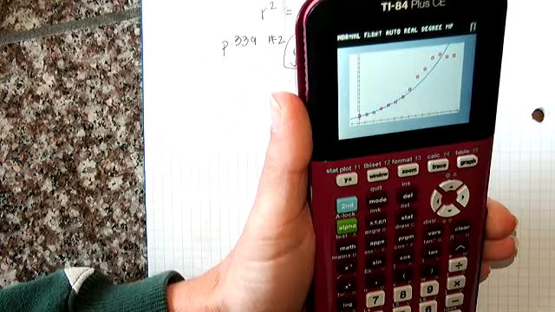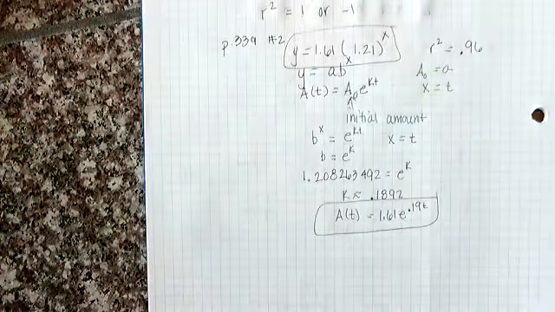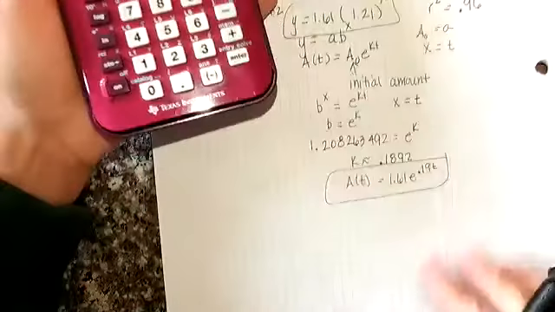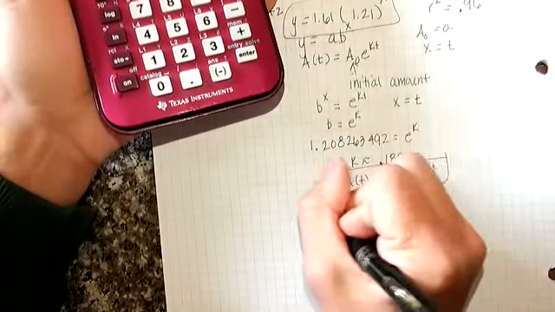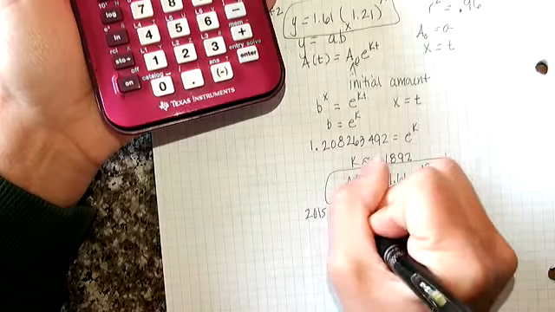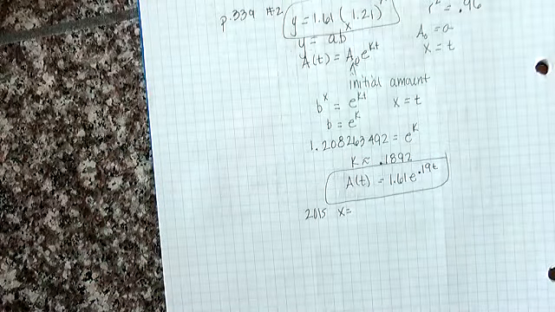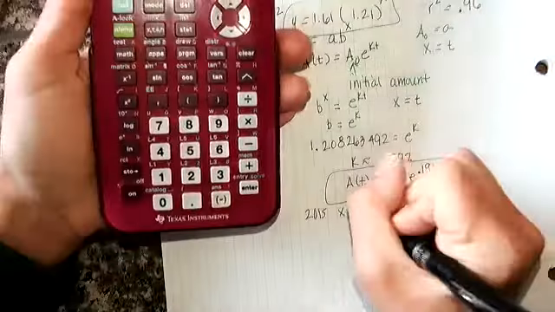All right. The next question asks you to predict the amount of ethanol that will be produced in 2015. So according to what we've plugged in, the year 2015 is when x equals 15. So you can just do a quick table.